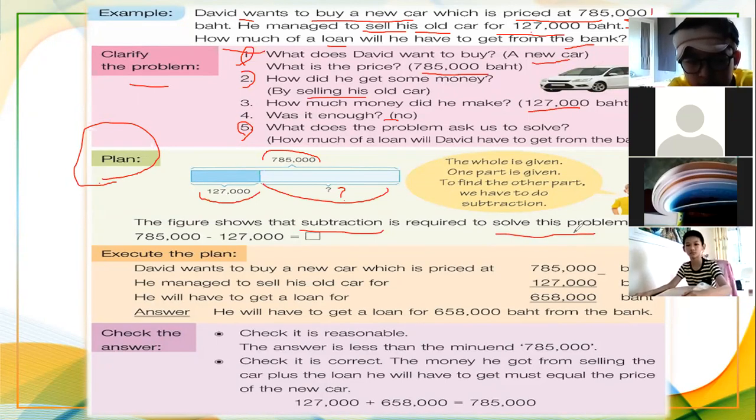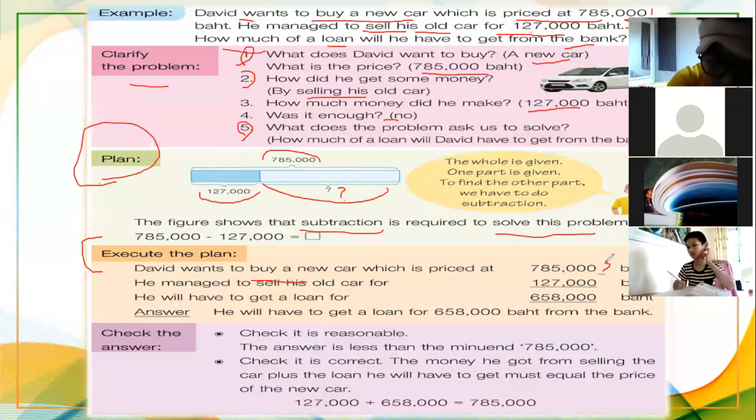How are we going to do the subtraction? Let's execute the plan. So what we are going to write, the first thing: David wants to buy a new car which is priced 785,000. So this is the price of the new car, and he already has the money, 127,000 baht. So we are going to subtract 127,000 from 785,000.